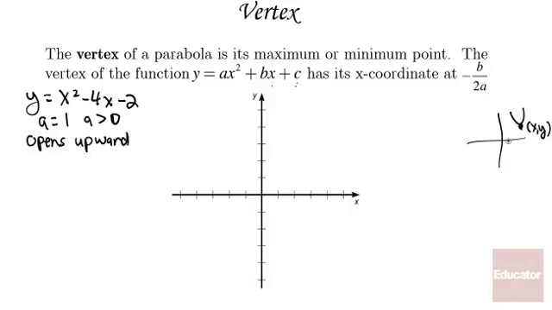Since it opens upward, my vertex is going to be a minimum. Okay, so the next thing I'm going to do in order to graph is find the value of the vertex. And I know that for the vertex, the x coordinate is given by the formula negative b over 2a. Looking at this quadratic function, my value for a is 1.